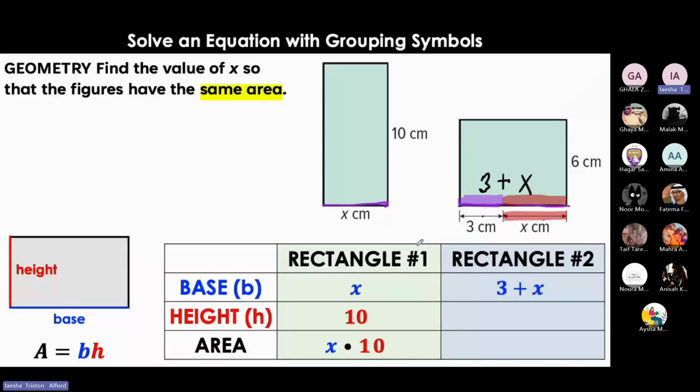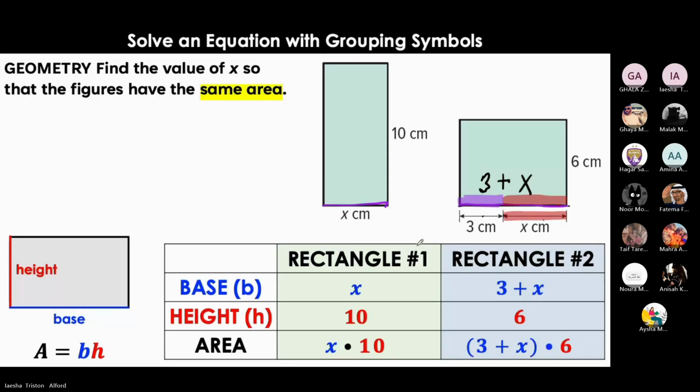What's your height? 6. How do we find the area for the rectangle? Base times height.